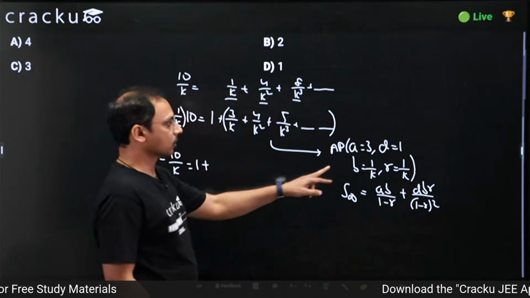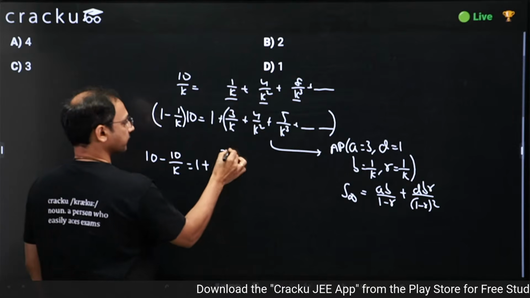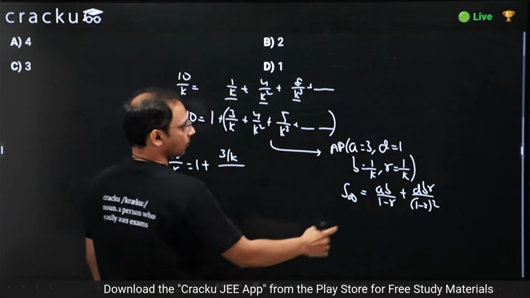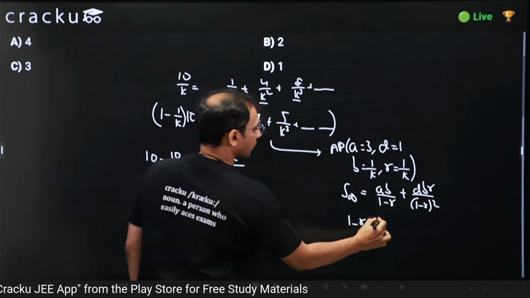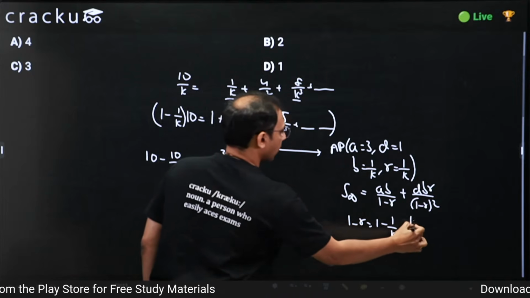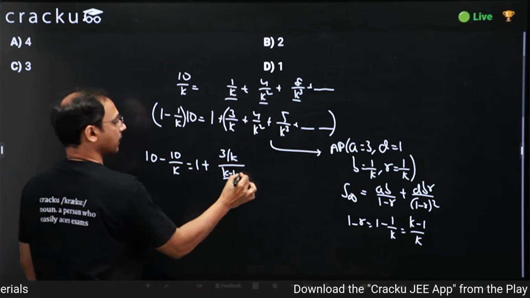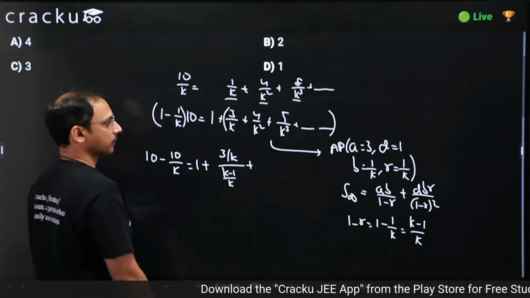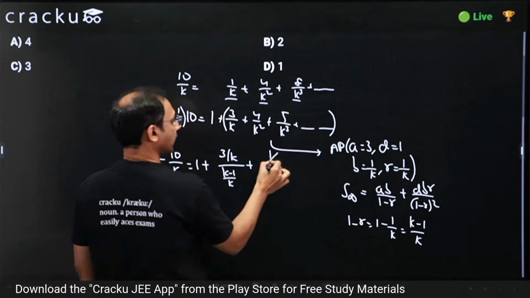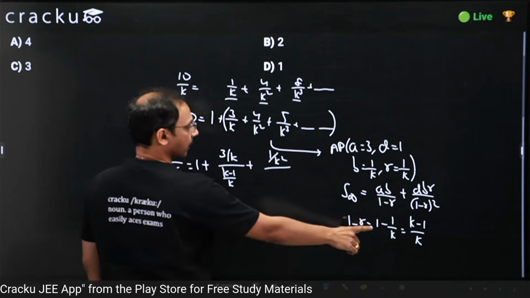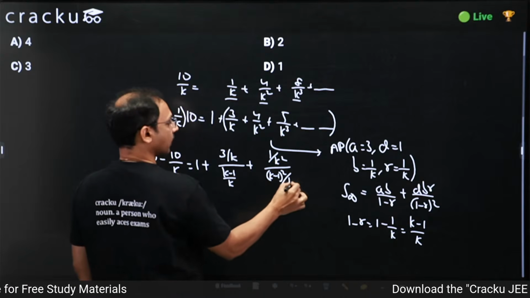So let us plug these values here. ab is 3 by k. 1 minus r will be 1 minus 1 by k or k minus 1 by k. So this will be 3 by k minus 1 plus dbr. dbr is 1 by k square by 1 minus r whole square will give me k minus 1 whole square by k square.